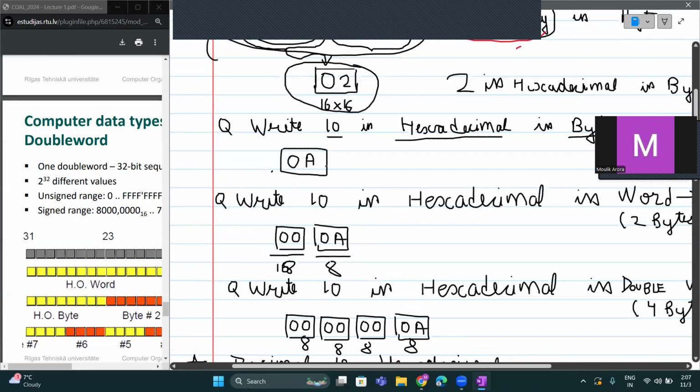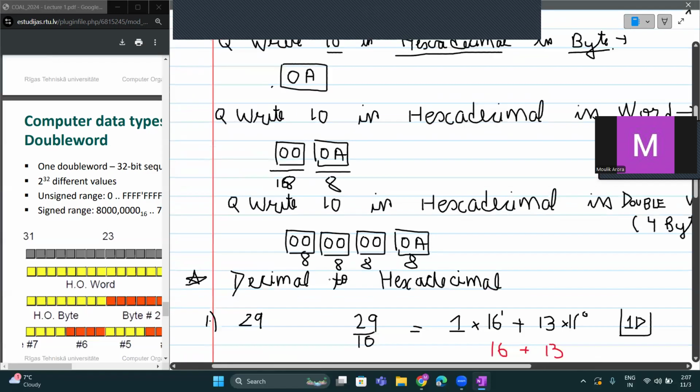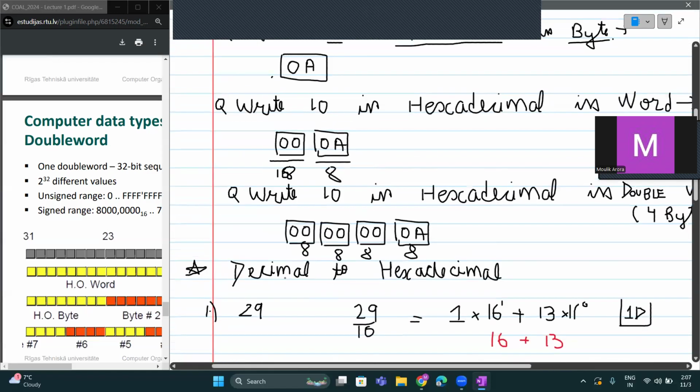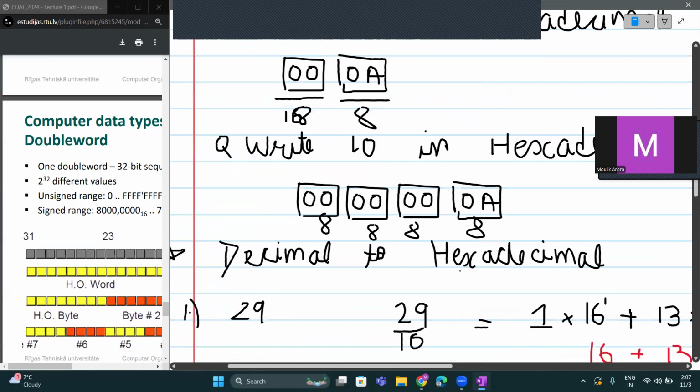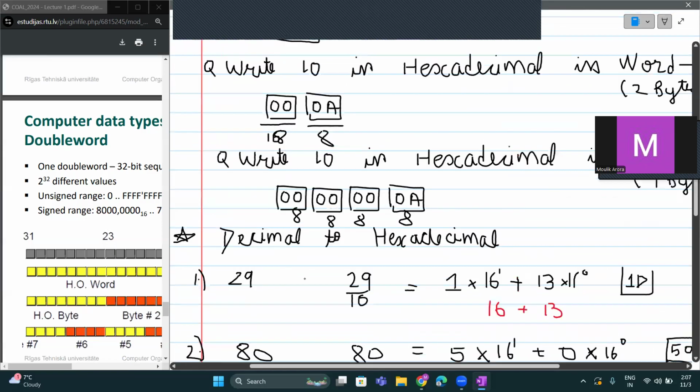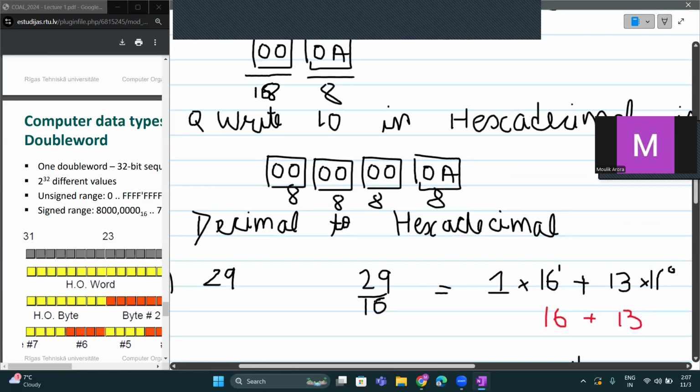But how do we actually convert it? To convert from decimal that we know to hexadecimal, what we do is basically divide the decimal number by 16.